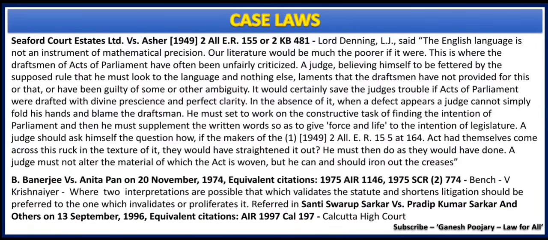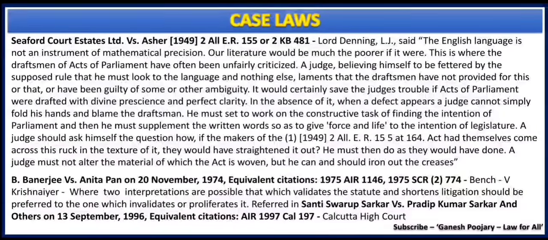That means the interpretation of statute should always go in such a way which validates the intention of statute. That is very important, which is what was held by V. Krishna Iyer in this particular case law.